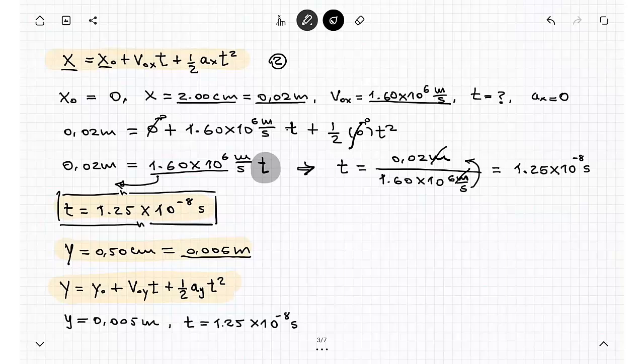So this problem is kind of an idealization. It's not really a real-life problem, because we are treating an electron like a classical particle, and an electron is not a classical particle. In reality, it's a quantum particle.